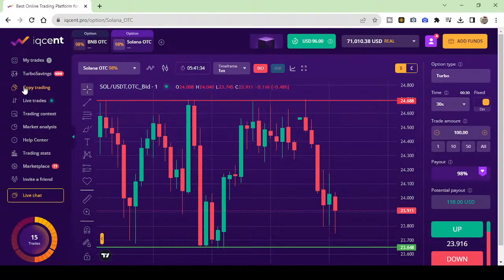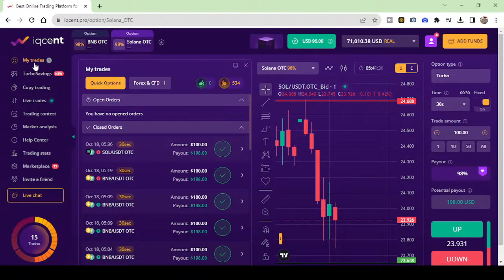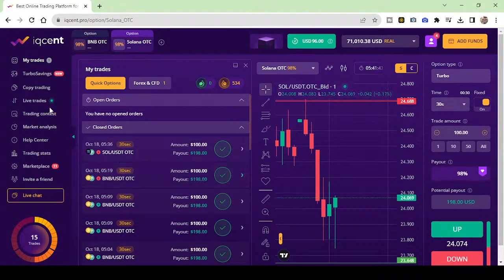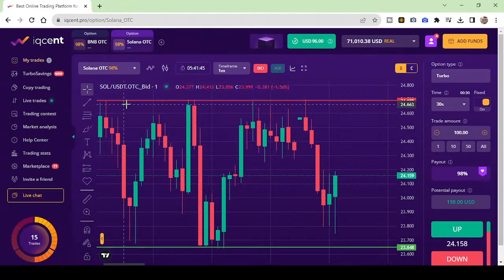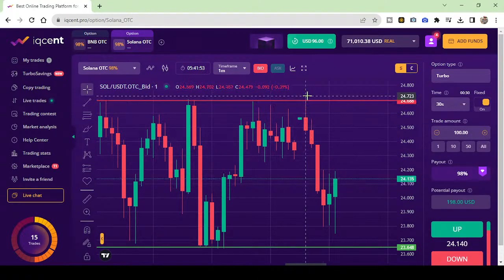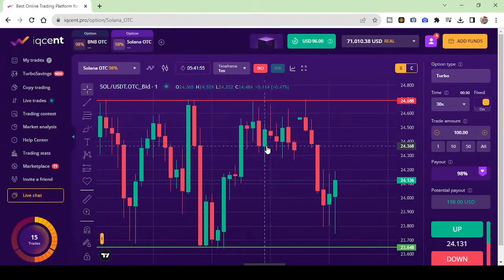Have you even taken a Solana trade today? Let me check. Yes, we have taken one there. Just one actually. Yeah, I think because this bar will take one sell trade. That's it.